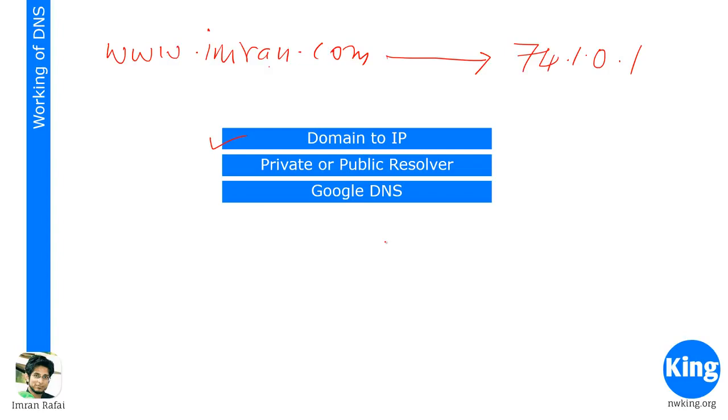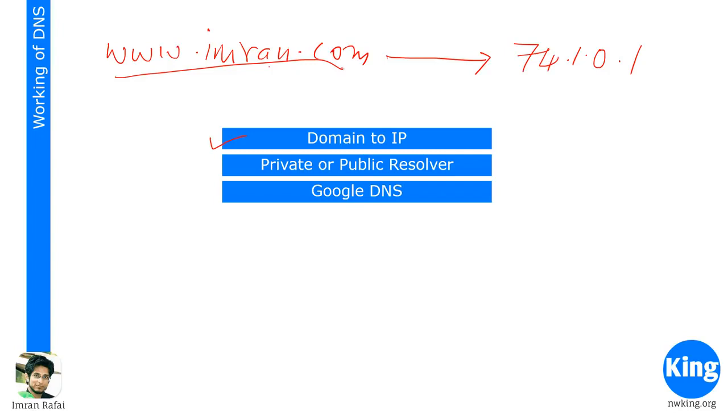I can't go contact these 10,000 people and tell them that my IP address has changed. The best way is they remember the fully qualified domain name, which is nothing but www.imran.com, and then whatever changes happen behind the scenes, the end user need not know about that change.